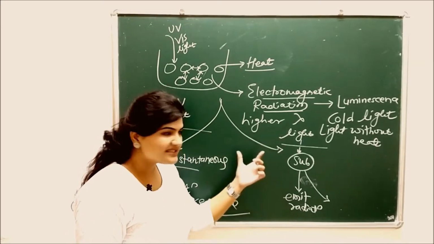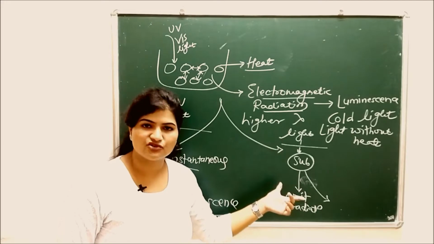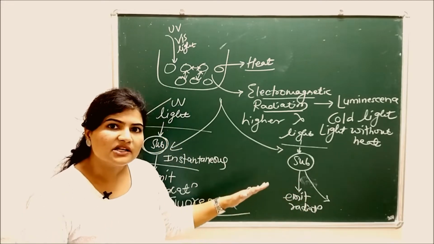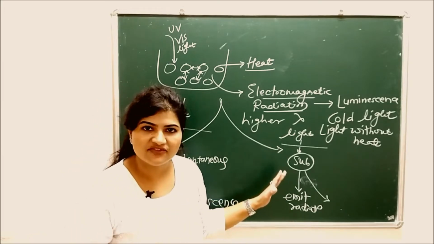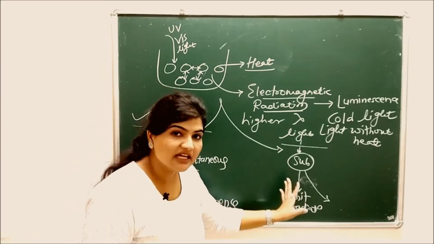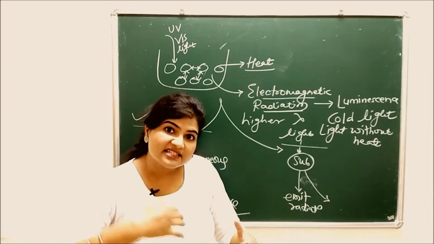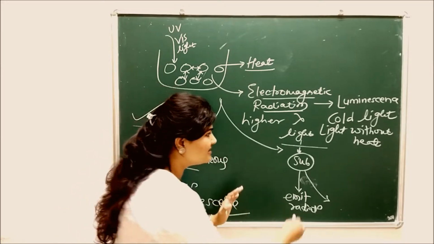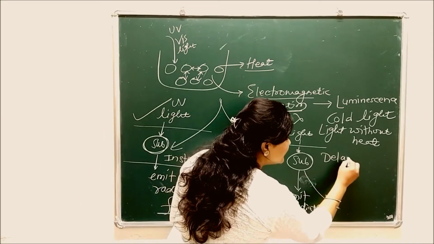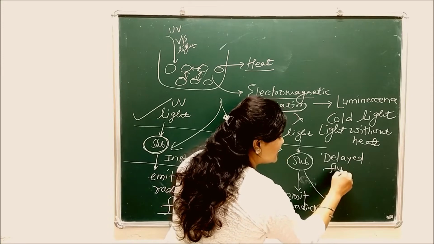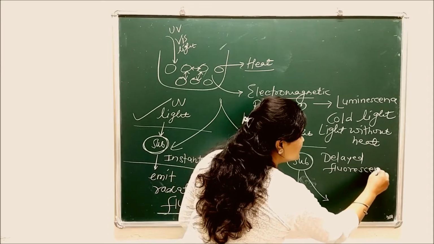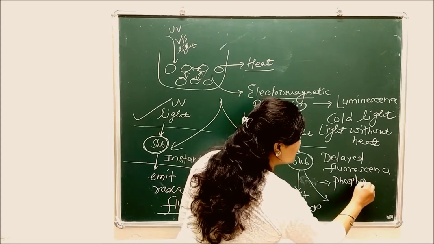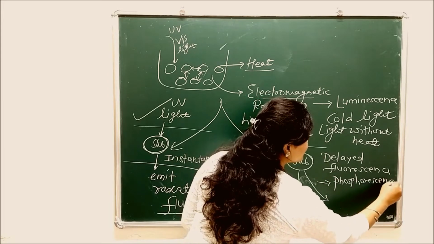So this can be considered as a delayed fluorescence, right? Because in fluorescence, once you were cutting off the light, the emission of radiation was stopping. But here, when you are cutting the light, the emission of radiation is still going on. So it can be considered as delayed fluorescence, and delayed fluorescence is referred to as phosphorescence.